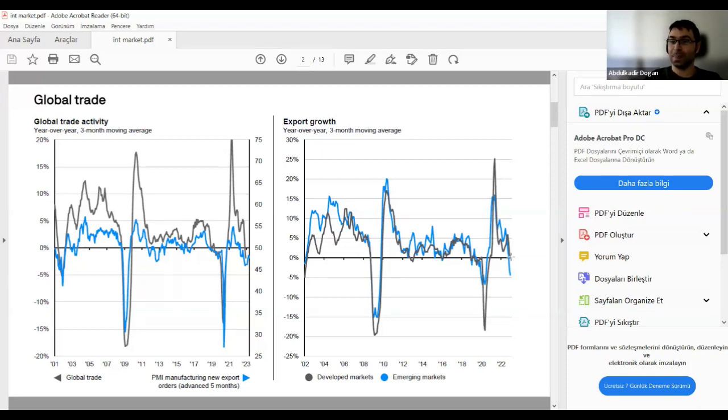And right now, emerging markets decrease more than developed markets because lots of capital is flowing out from emerging economies to developed markets, and the production process is slowing down in emerging markets. If we speak about the recessionary effect, this effect will be more sensitive in emerging markets than in developed markets. For that reason, export growth is still in the positive region in developed markets. It is on the negative side for emerging markets.